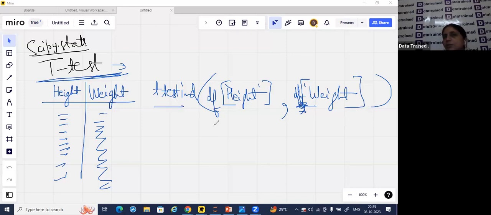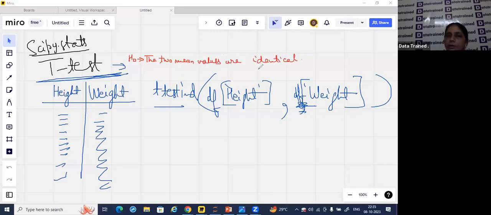What this t-test is going to do is prove whether the two means are identical or not. By default in the t-test, the null hypothesis says the two mean values are identical.